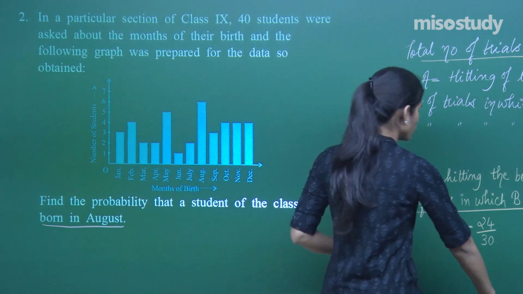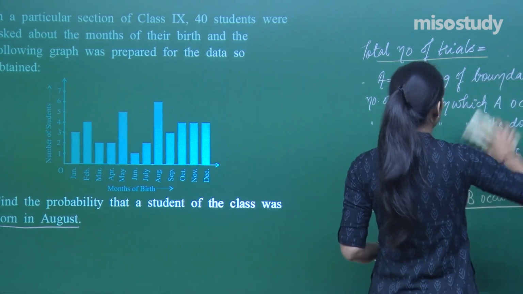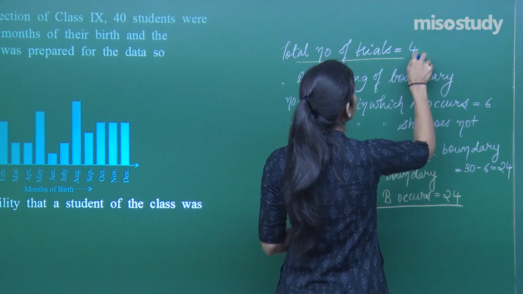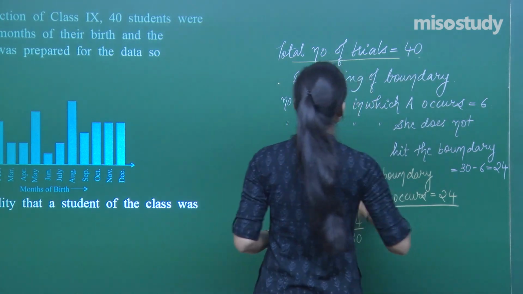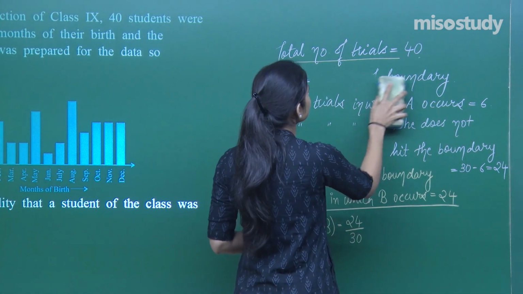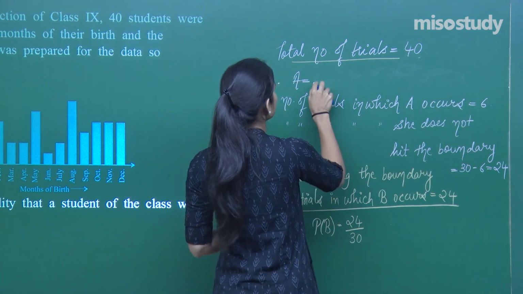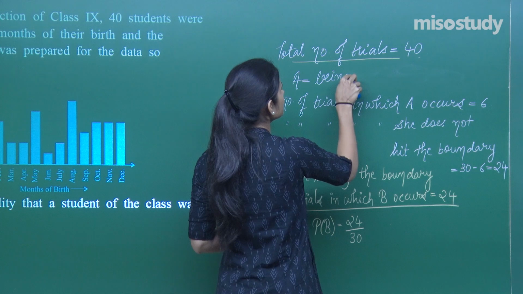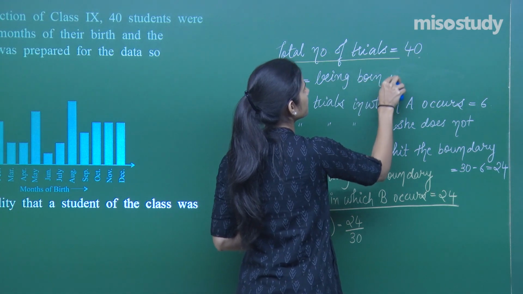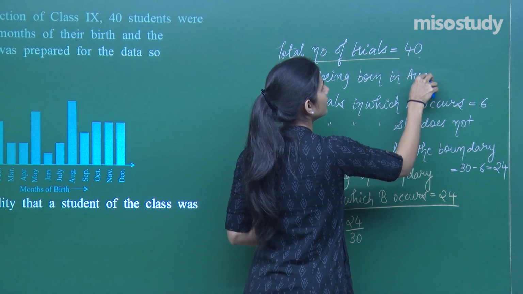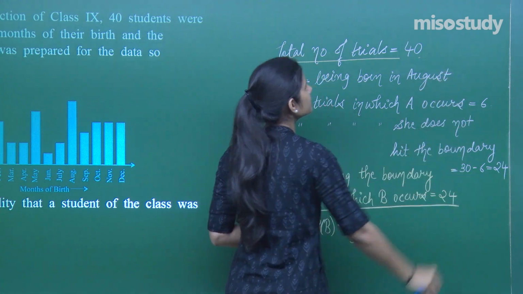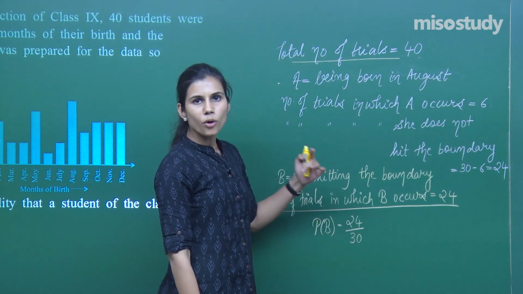So, total number of trials is 40, right? A is the event of being born in August. Out of 40 students, how many students are born in August?